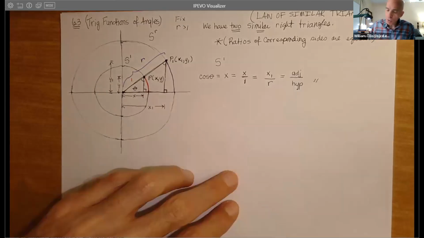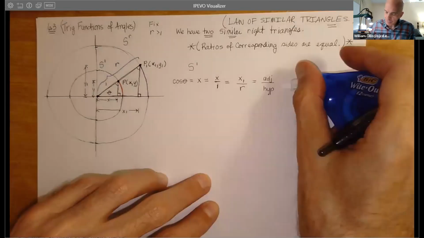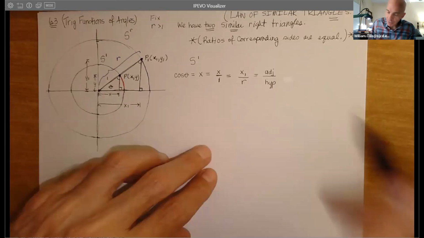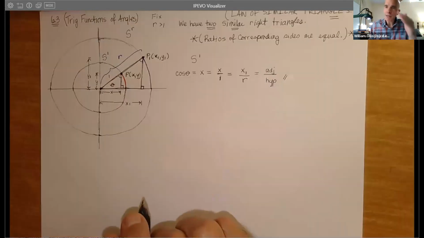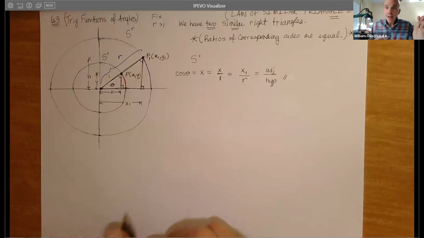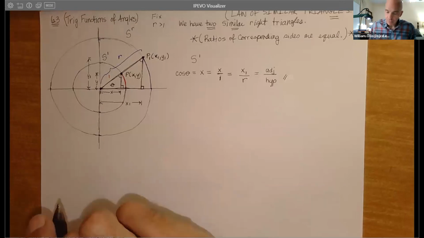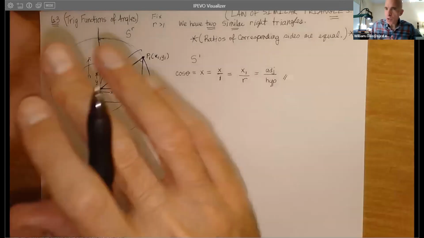So then you're saying, oh, I get it. Now we're going to think about this as just the x1 over the r. We're always going to think of it that way and we'll be done. We'll think of adjacent over hypotenuse and not even worry about drawing two triangles.